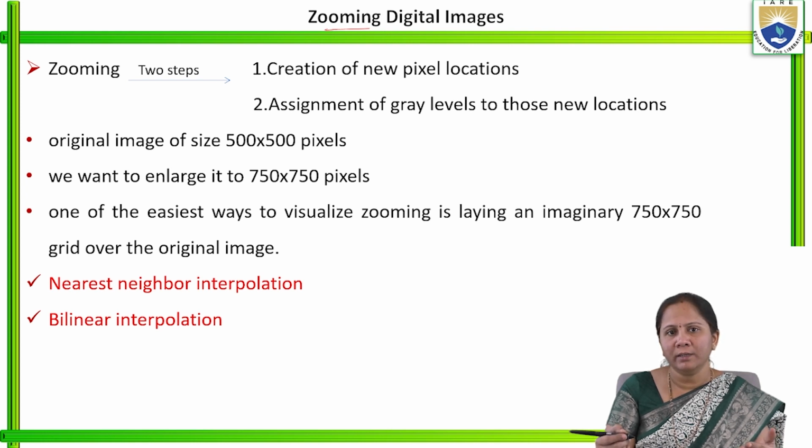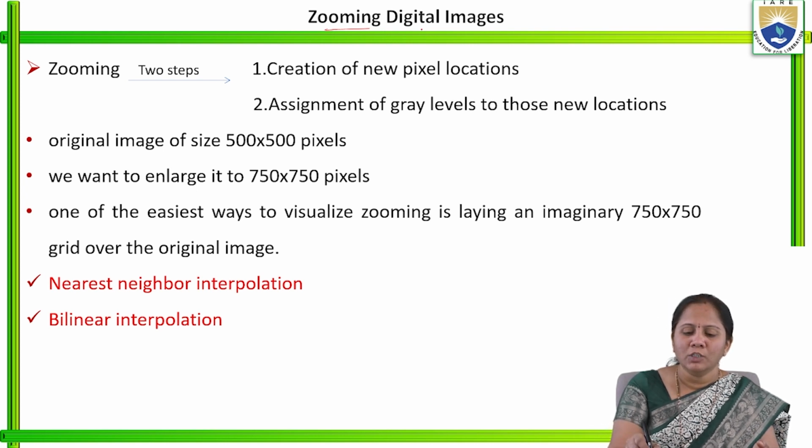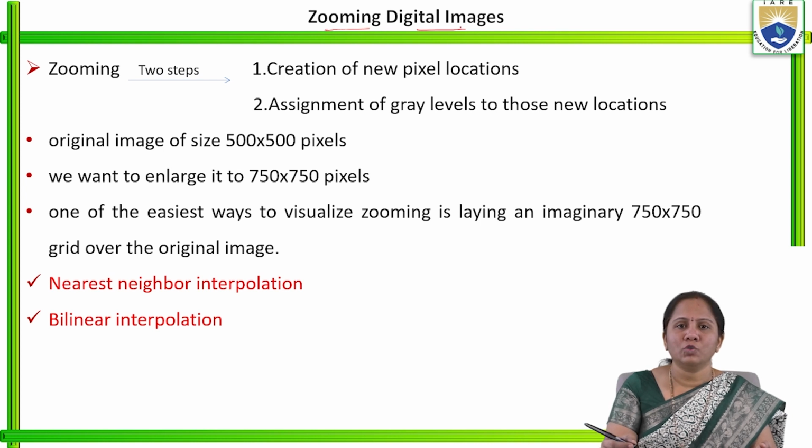Whereas in shrinking, in order to reduce the size of the image, we apply undersampling, that is, deleting rows and columns, so that the size of the image is reduced in both horizontal and vertical directions.